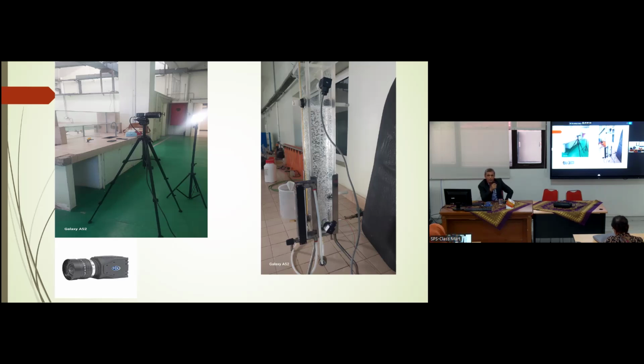I just read on the internet that there are a lot of tools or software used by researchers to measure the bubble diameter and the velocity, and I just want to know, if possible, can you show us a picture of the tools or the software you use in your research?